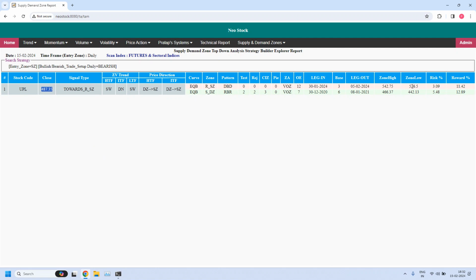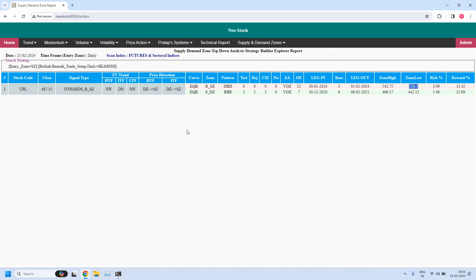Zone low should be the entry, that is 526. Nearly 39 to 40 rupees it should rise. Then only we get an entry in this stock. So probably, I don't know, tomorrow you will get an entry, I'm not sure. But maybe you need to wait 1 or 2 days. Currently, this is the only stock supporting bearish trade setup for monthly income trade.